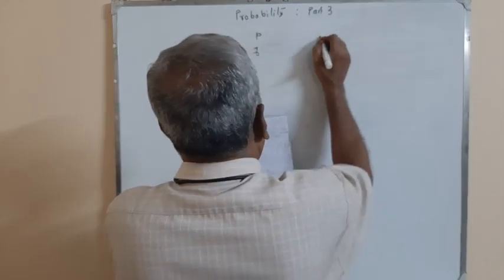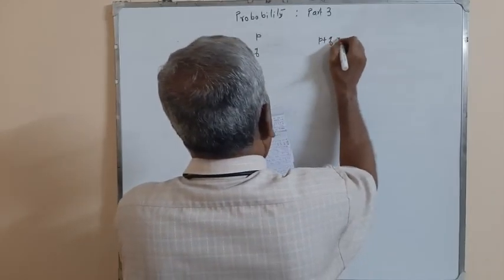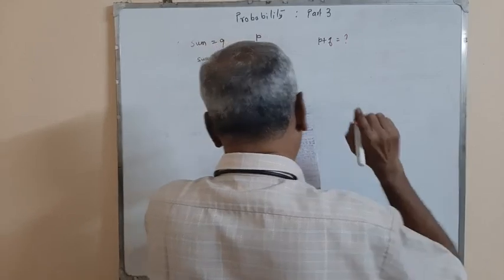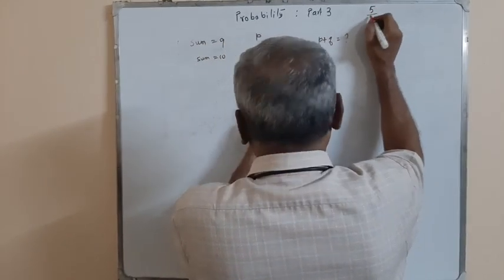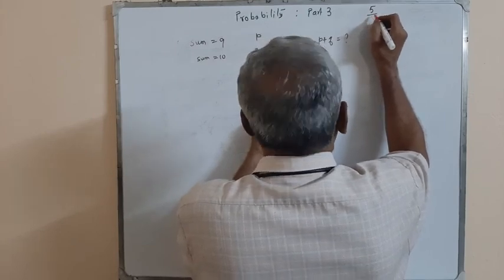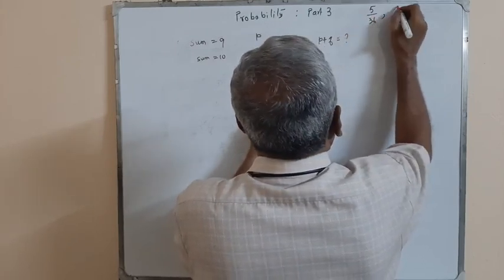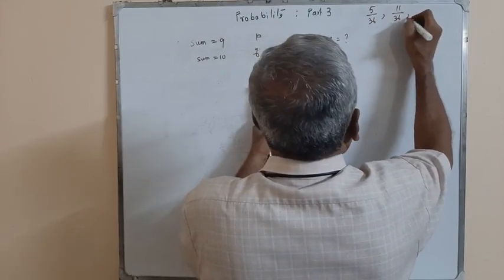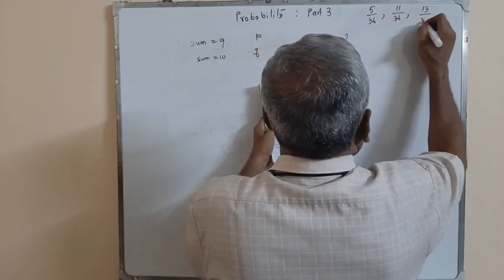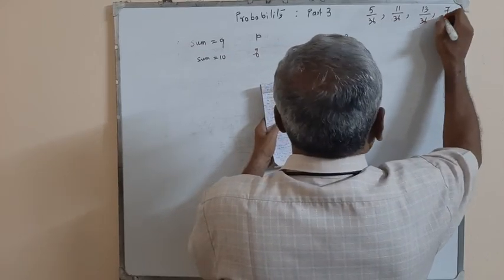Options: the options are 5 by 36, 11 by 36, 13 by 36, and 7 by 36.